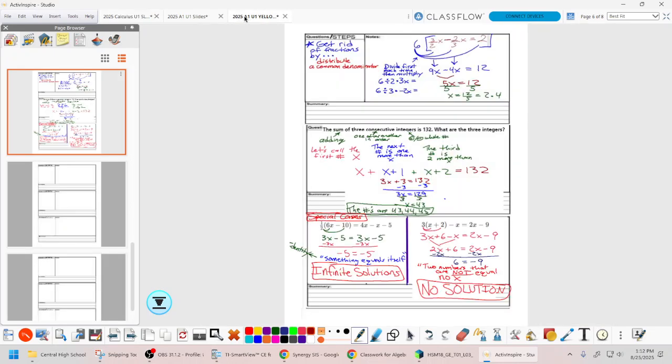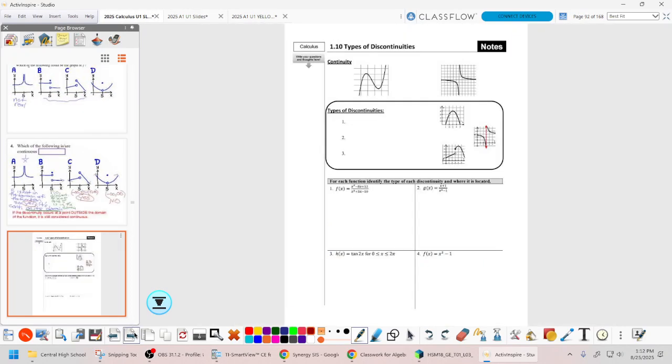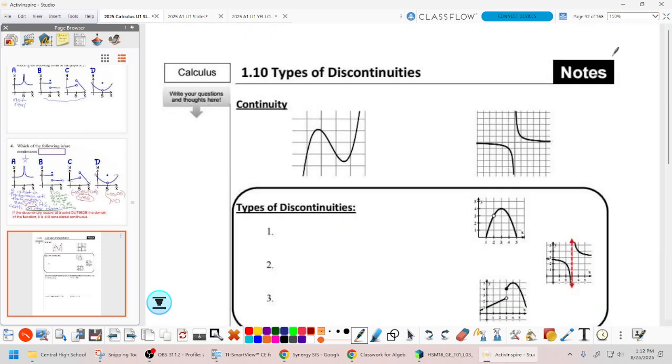So back to your paper. The basic idea, at least visually, of continuity is do you have to pick up your pencil. So this is smooth. No, you don't have to pick up your pencil. Now, let me write that better. In calculus, we define this a lot more, way more clearly than just do you have to pick up your pencil.